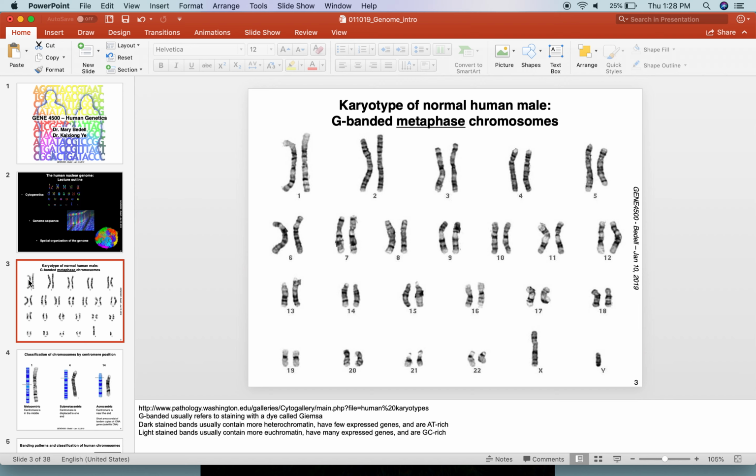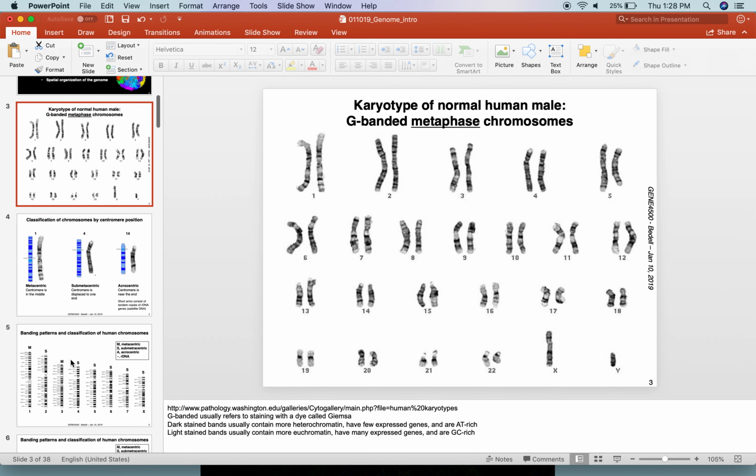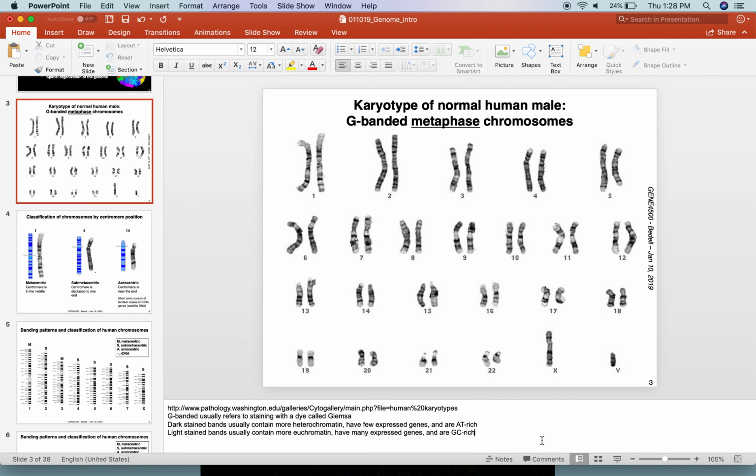Then they just do a spread of the chromosomes and stain them with this dye. This is just one of them, Giemsa G-banding. There are other dyes. Of course, the chromosomes aren't nicely lined up like this in pairs. Back in the old days, they would take a photograph through the microscope, print it out, and literally cut it apart and align them. Now this is all done very easily digitally.